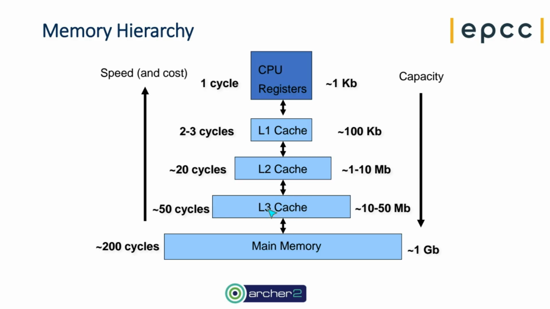Level 3 cache, typically shared between groups of cores on most systems, maybe with a 50 cycle latency and tens of megabytes of capacity. And then you have main memory, which is gigabytes of capacity, and might take on the order of 100 or 200 clock cycles to access.